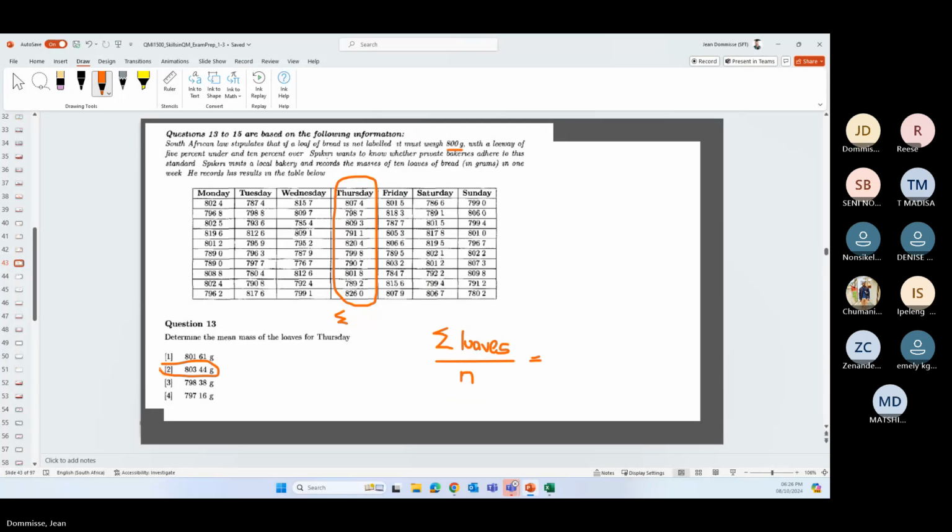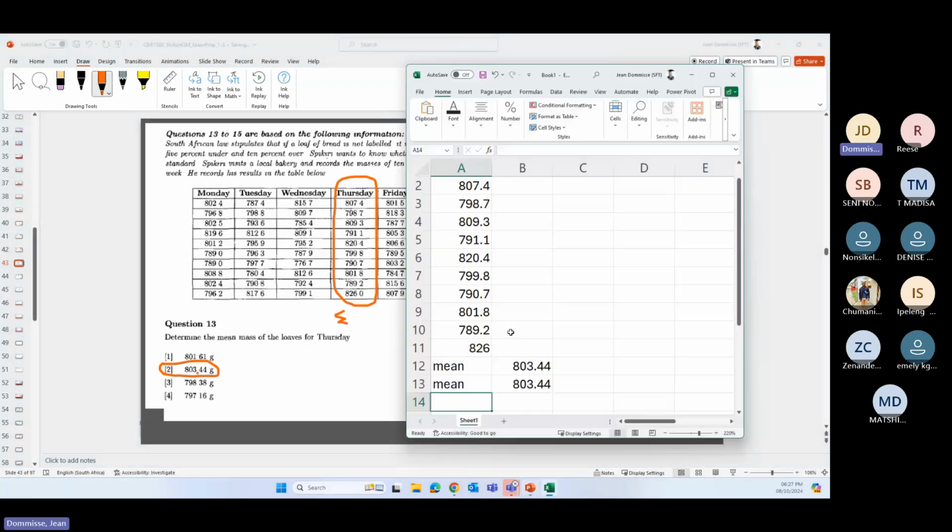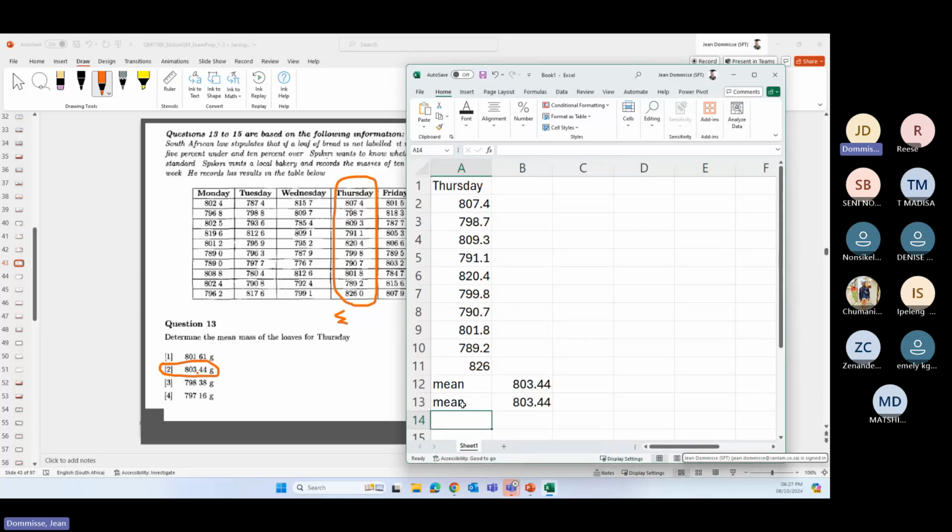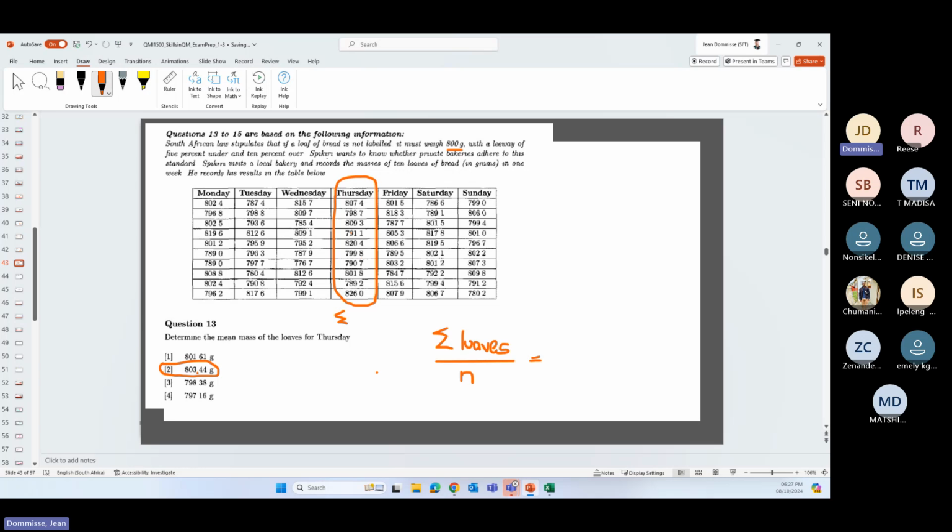Okay, so we could do it with the calculator, adding all of it divided by n, or we have a built-in function within Excel that also works out the average. So it does give us the same answer. This one is a bit more straightforward. It doesn't matter if we use a calculator or Excel, we can get to this answer.